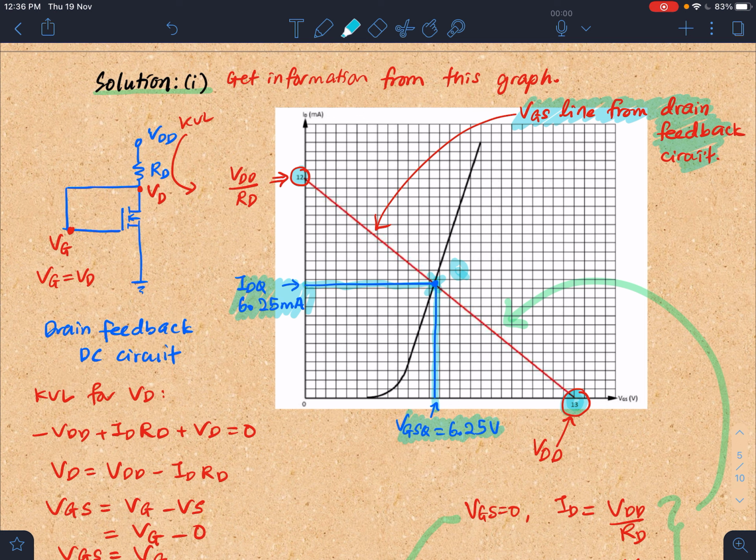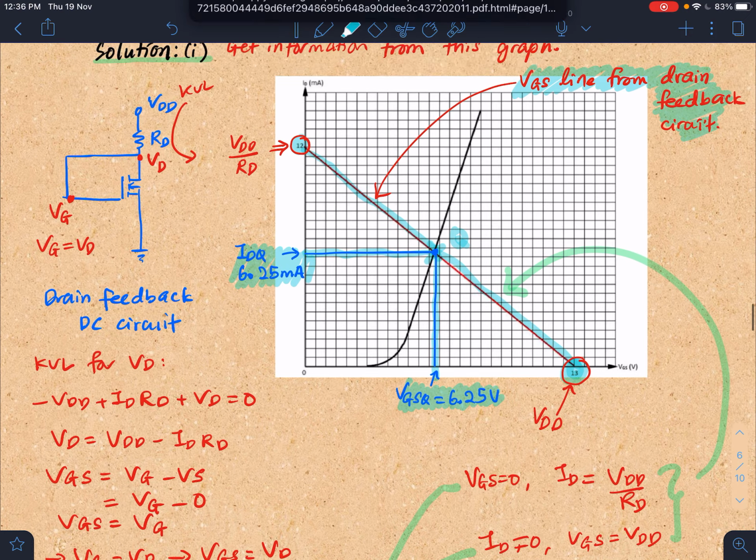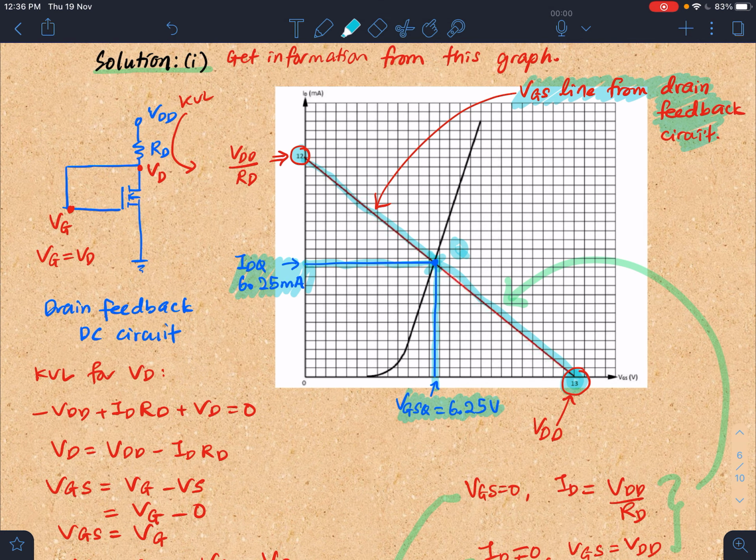How about the information from the line? We review how to get the VGS line from the drain feedback. Sketch here your drain feedback DC circuit.